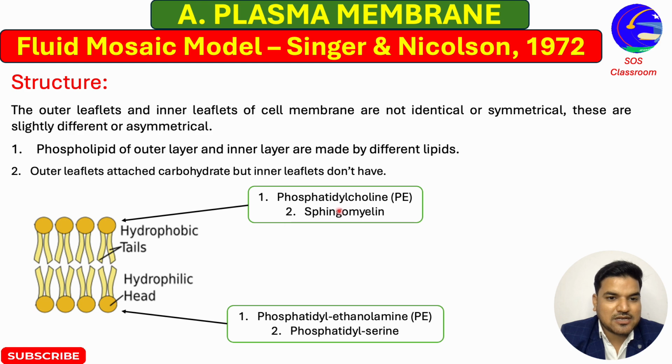Like the outer leaflet is made by phosphatidyl choline, that is PC, and sphingomyelin. So these are the phospholipid molecules that make the outer leaflet of the head. And inside the leaflet, phosphatidyl ethanolamine and phosphatidyl serine. So these are the different ones mainly present in the outer leaflet and inner leaflet. Another major difference is that the outer leaflet has attached carbohydrate, but the inner leaflet doesn't have carbohydrate molecules.